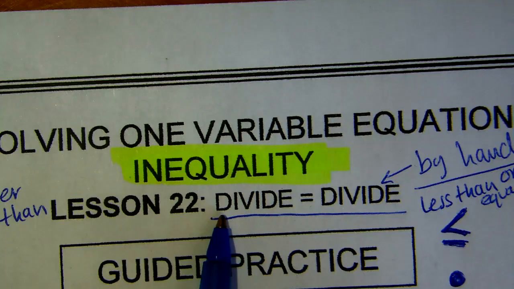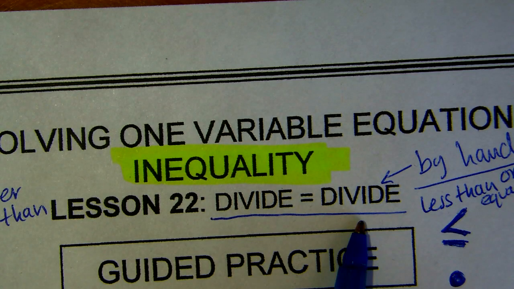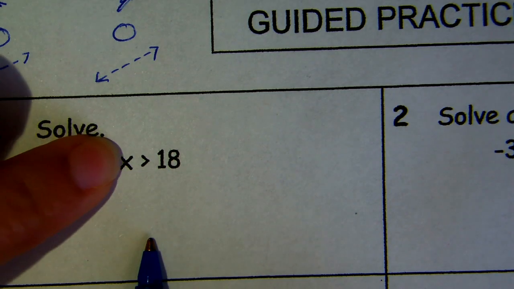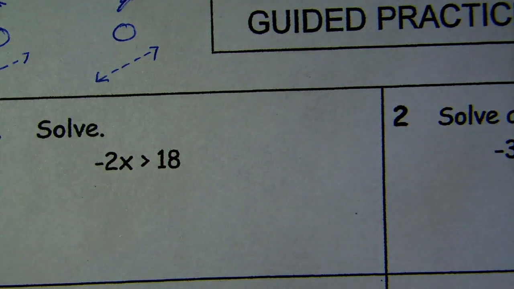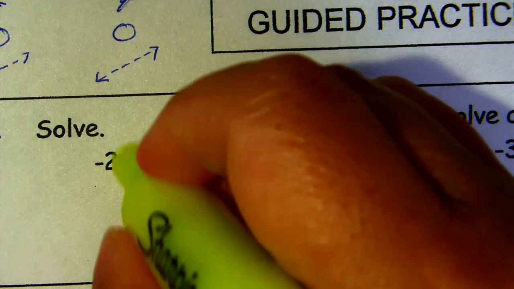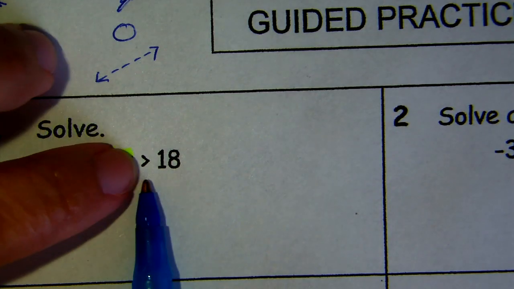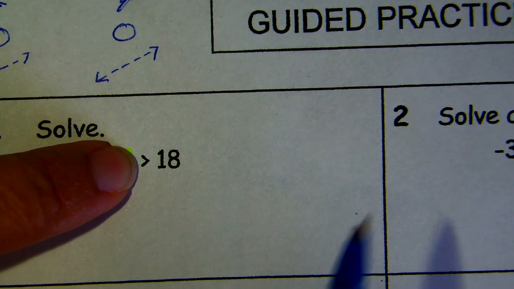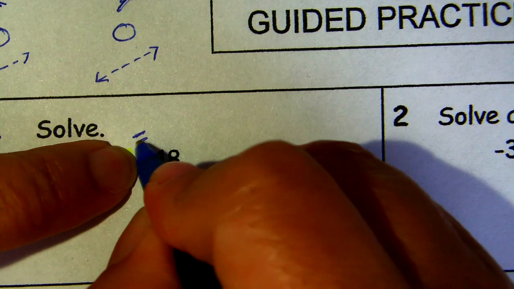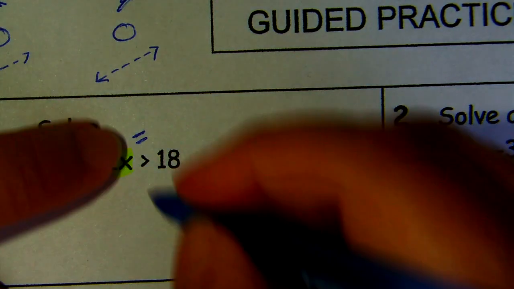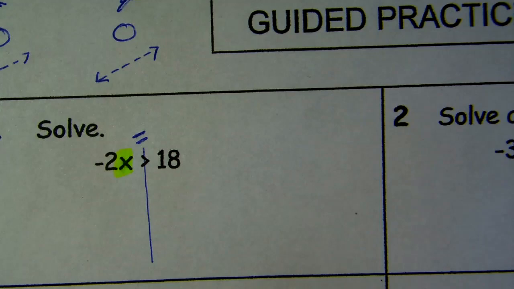The first scale is divide, divide, because you solve just by dividing. You're trying to solve for x on this one. And for a moment there, you're going to pretend that the inequality here is like an equal sign, okay? Only for a moment, pretend you have an equal sign, so you follow the same procedure, divide, divide.